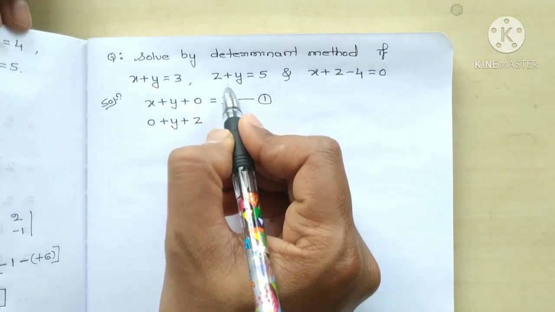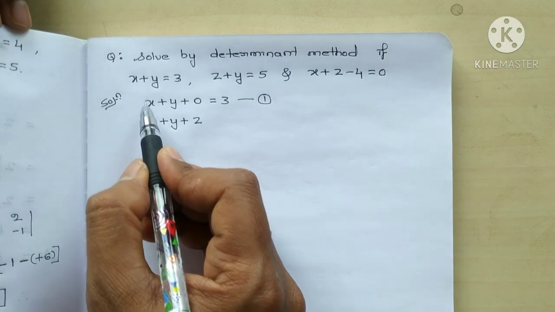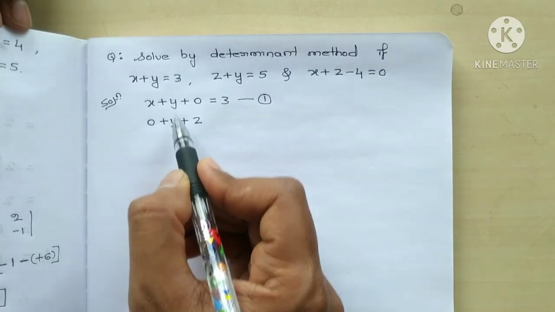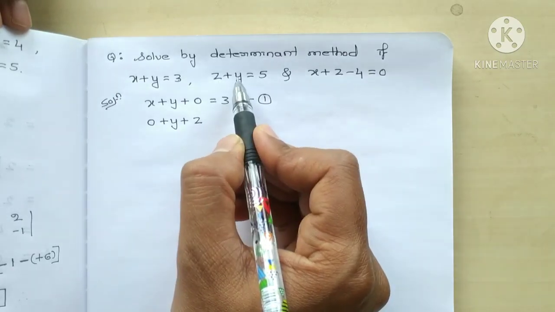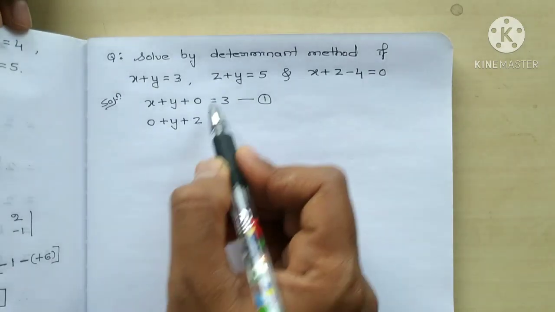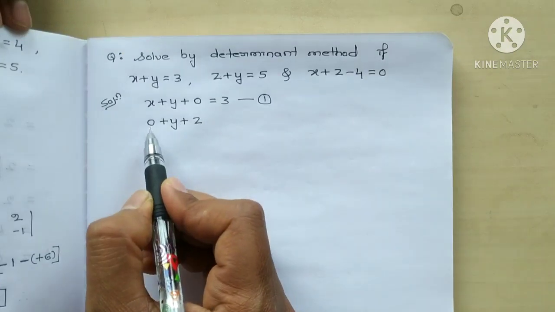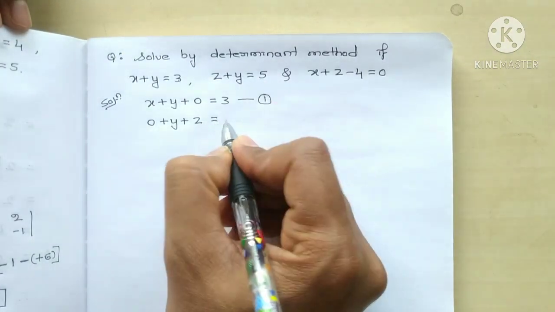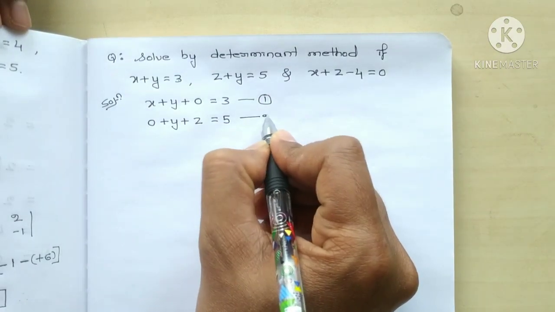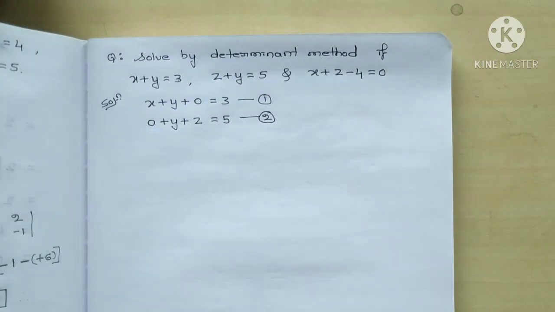You can interchange. Why I am interchanging? Because always x comes first, then y, afterwards z comes. That's why I am going to interchange these two. First y, then z. Here x is not there. That's why in place of x I am going to take 0 is equals to here 5. Call this equation number 2.